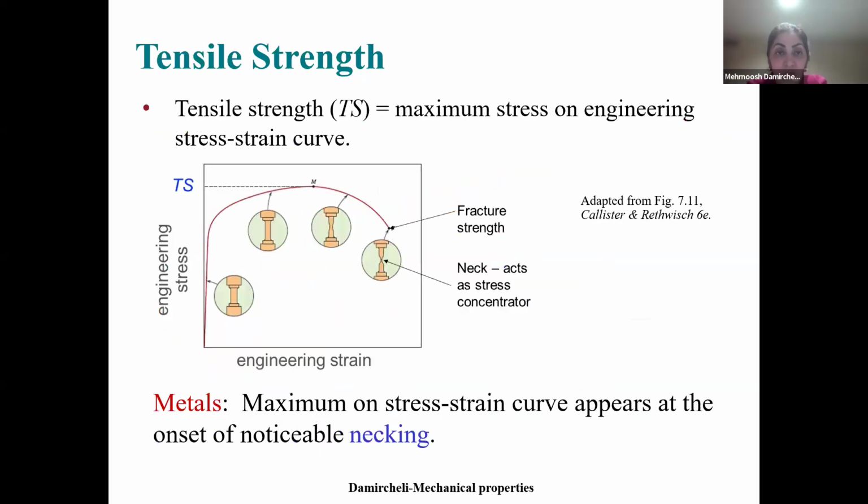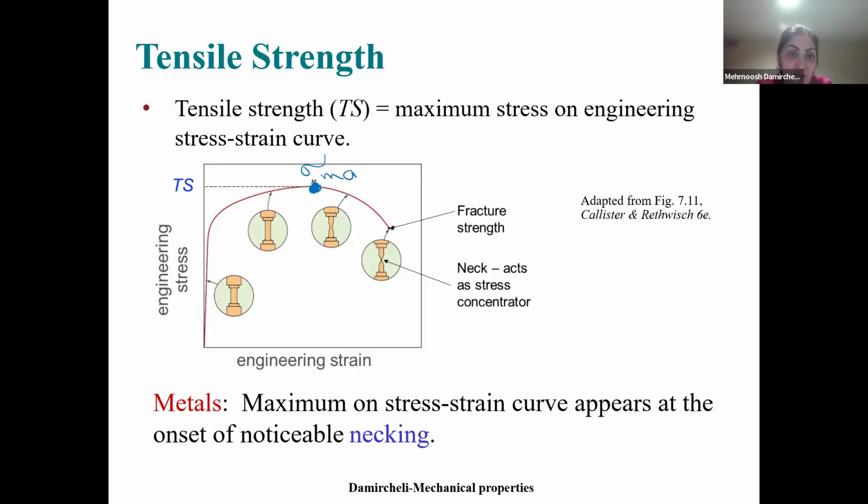What is tensile strength? Tensile strength is the maximum stress that structures experience under loading. For metals, it usually occurs at the beginning of necking. What is the meaning of necking? We expect the stress to increase up to fracture, but for metals, we see that the stress at fracture is considerably less than the maximum.